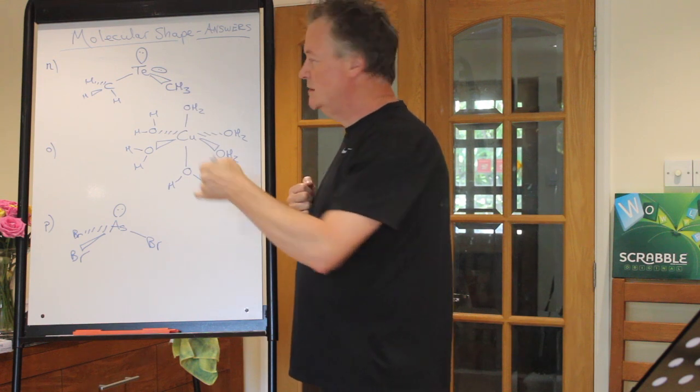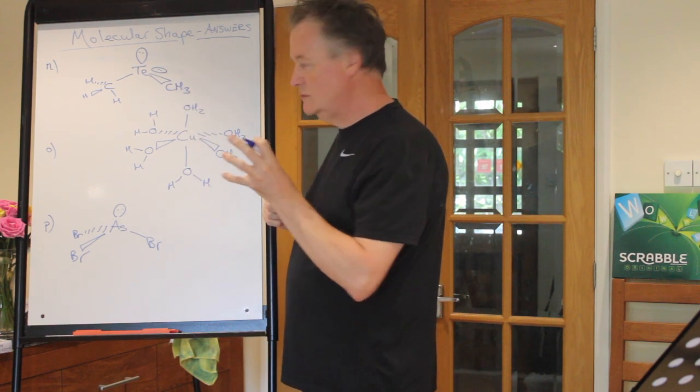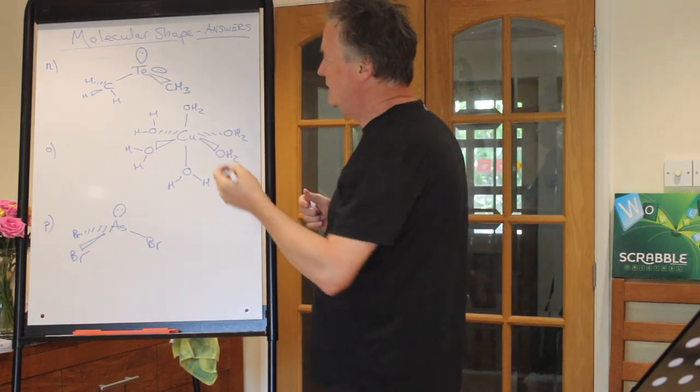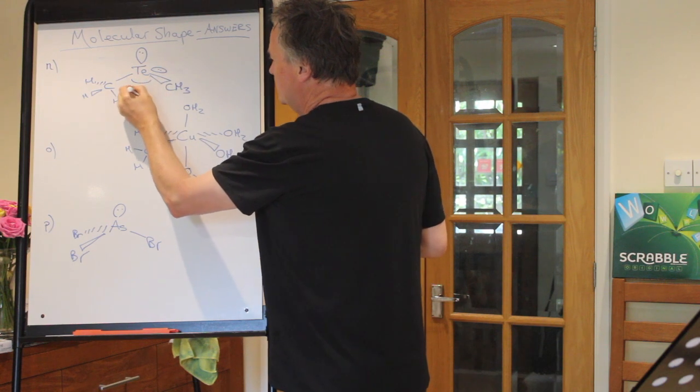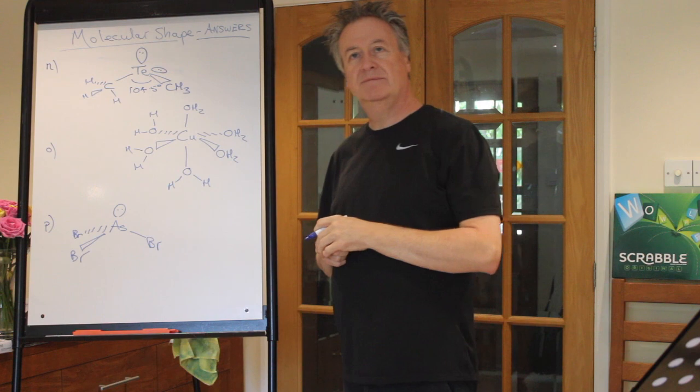but most people when they do this will just go CH3, just draw it as a CH3 structural, because you're focusing on the angles around the Te, and that therefore would be 2 lone pairs, 104.5 degrees.